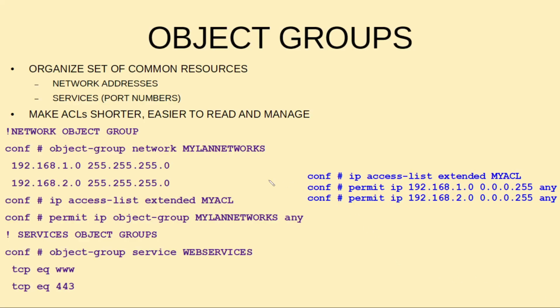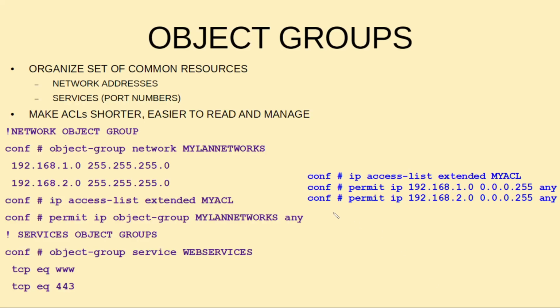Notice that given I am using names for my object groups, when I read my entries within my ACL, these entries make more sense than reading entries within an ACL that is not using object groups. This is why when using object groups, my ACLs become easier to read.